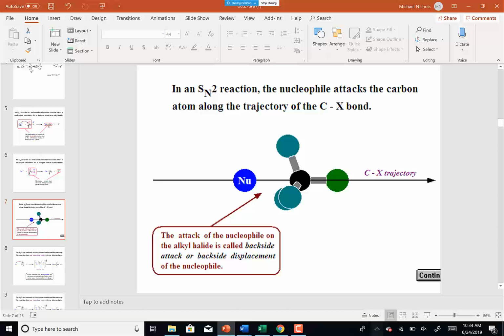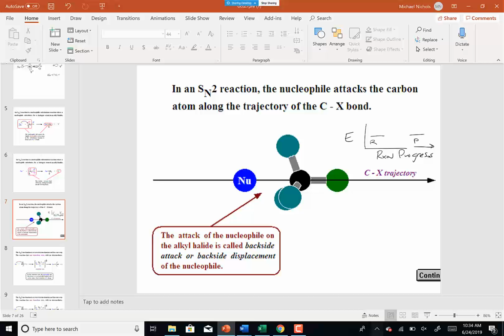Now, what happens with the energy of this reaction is, if I plot energy versus what I call reaction progress. So in other words, going from reactants to products left to right. I start with my reactants. I end up with my products.